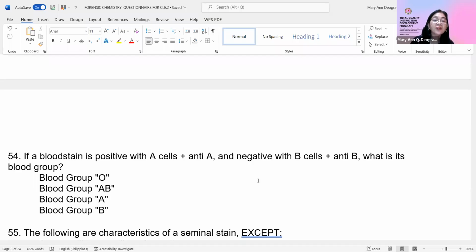All right, so anong blood group nito? Remember, stain yan. So it is positive with A cells, negative with B cells. So positive means there is agglutination. Tapos yung negative, no clumping or no agglutination. Anong blood group nung blood stain natin?